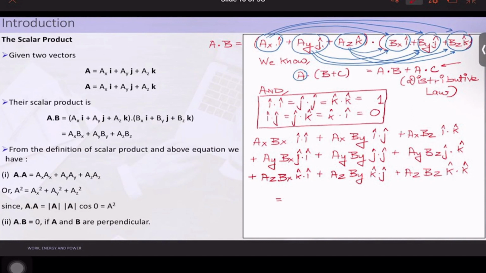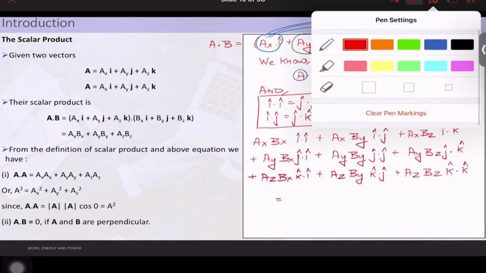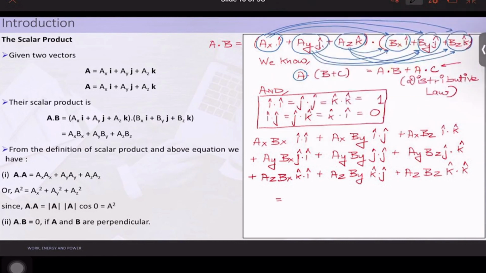properties here. Okay, so if you look at this clearly, whatever things will be 0 here, anything which has a property of I dot J, or anything which is a vector, it is I dot J, J dot K, or K dot I. Okay, so if you see clearly, this will be 0, this will be 0, this will be 0. I also proved to you that I dot J is also equal to J dot I because of commutative law.